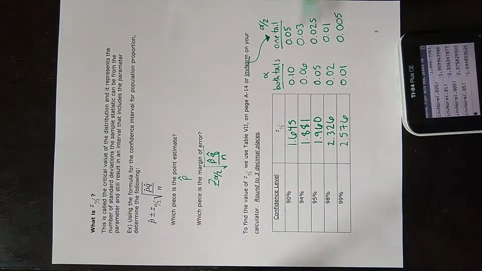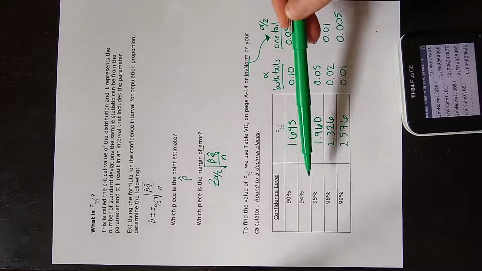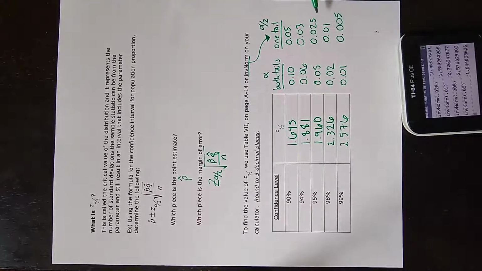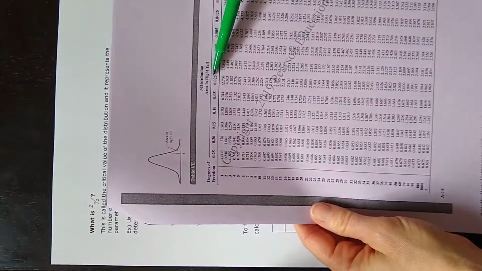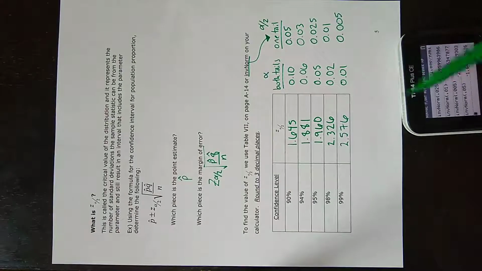How much area was in one tail? So for example, for a 95% confidence interval, I have 0.025 in each tail. So that's right here in the middle, 0.025. So my critical value of Z is 1.960. Okay, that's what I found right there.